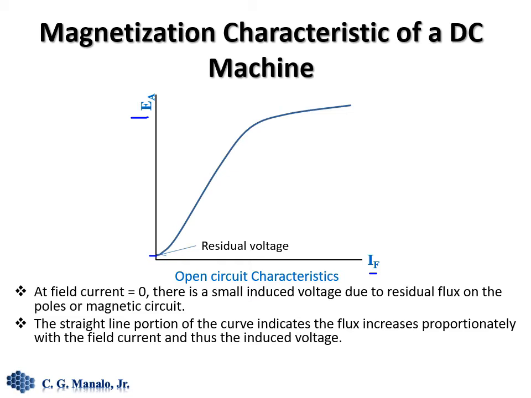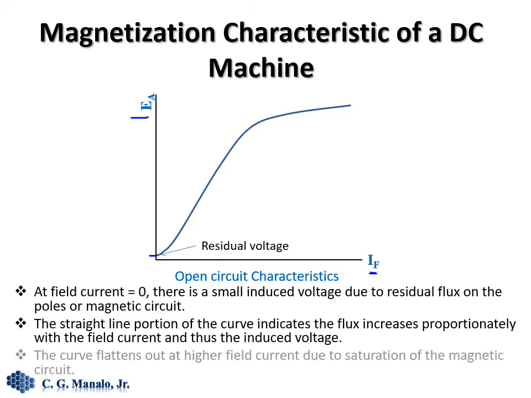The straight line portion is said to be where the voltage is increasing in proportion to the amount of current I sub f. But as we increase I sub f further, the curve starts to flatten out.